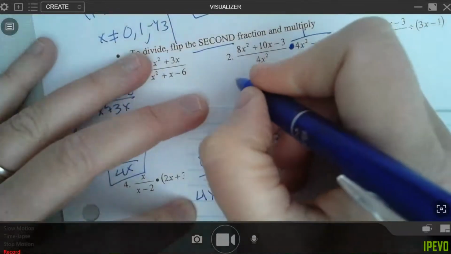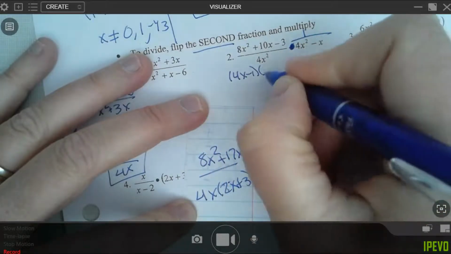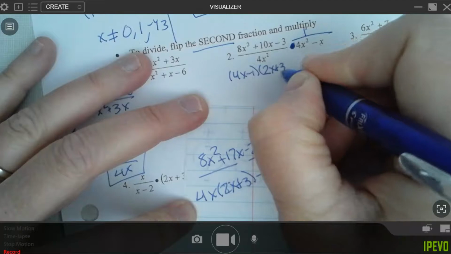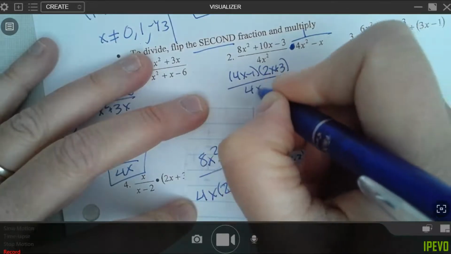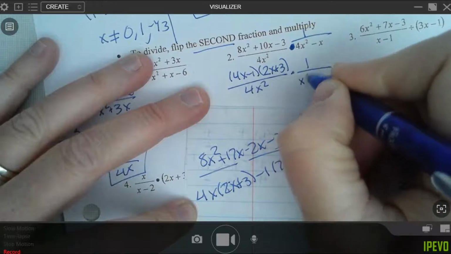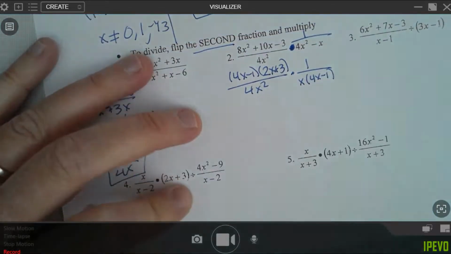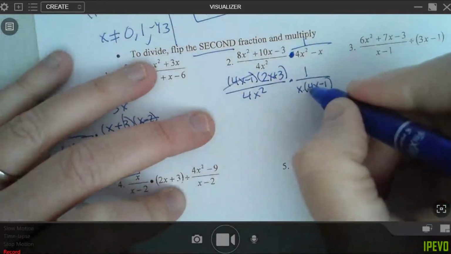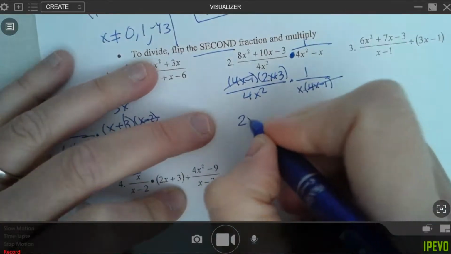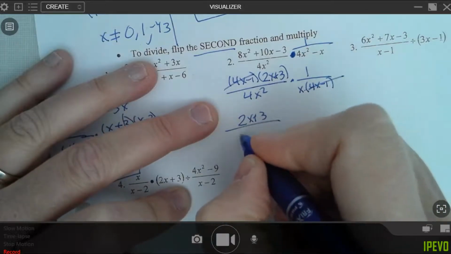So this gives me 4x minus 1 and 2x plus 3. Pull out my GCF here. So the only thing that cancels is those two for us. So what's left on top is 2x plus 3. What's left on the bottom is x times this, which makes x cubed.